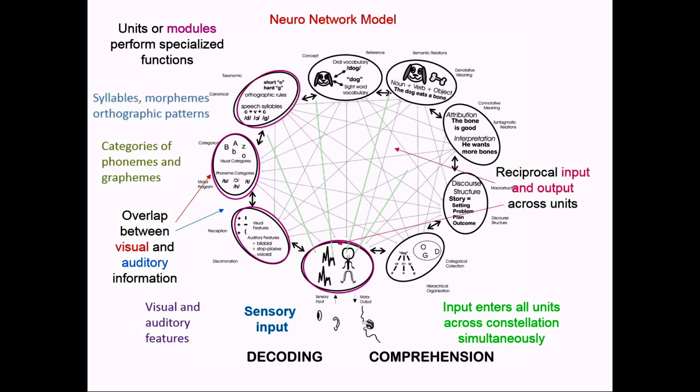The next module has to do with syllables or orthographic patterns or spelling rule patterns. Now we have to understand that sequences of phonemes are used to form words. D, a, g can be pronounced as a word, dog, and that's an allowable syllable structure in English.